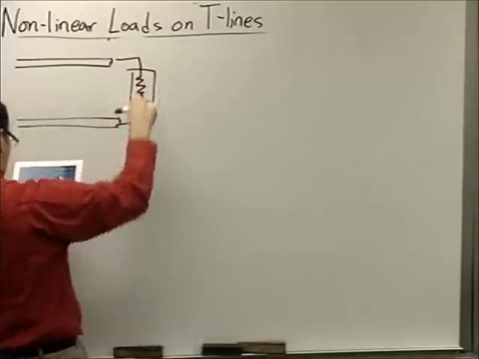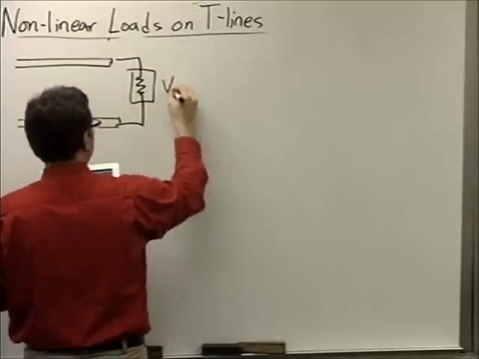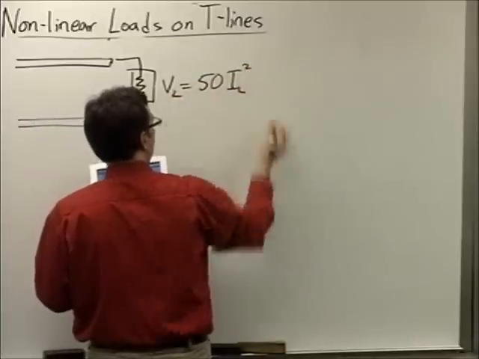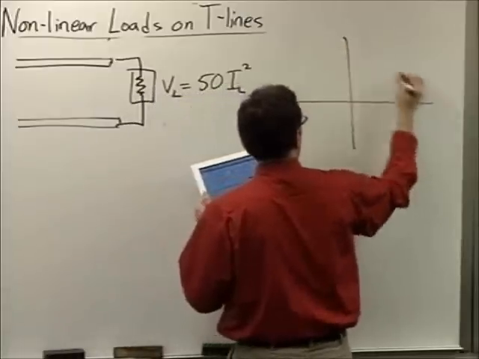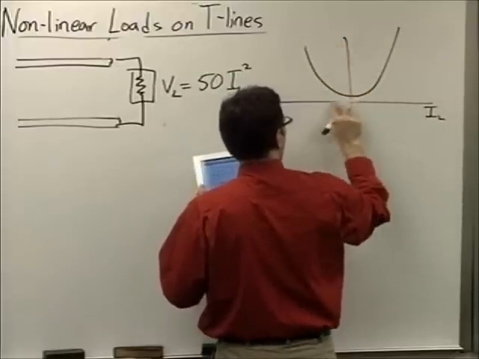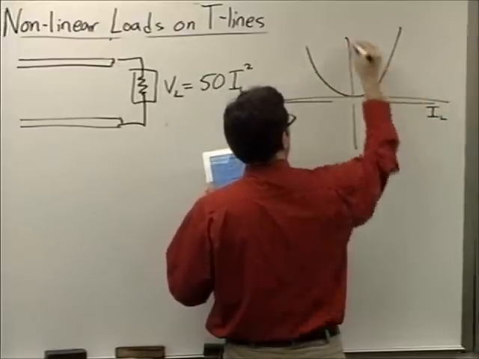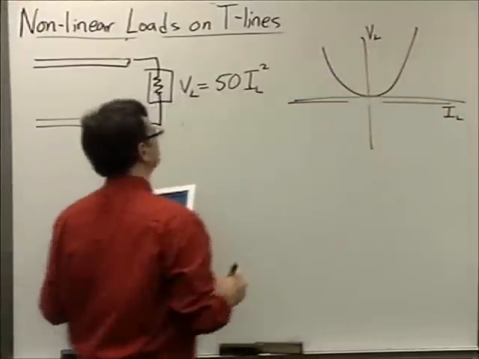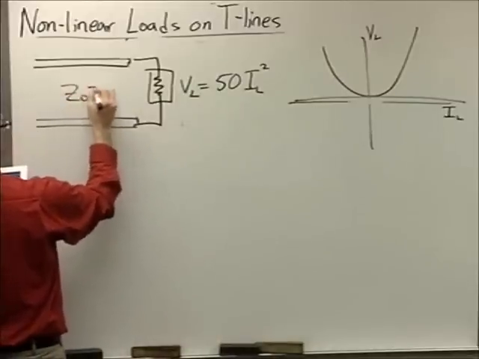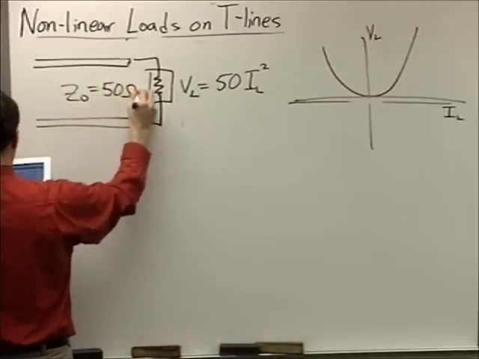Here's my symbol for a nonlinear resistor. VL is going to be equal to 50 IL squared. So my VI curve looks a little something like this. It's a parabola. Definitely not linear. And we'll use a standard value Z0 equals 50 ohms.